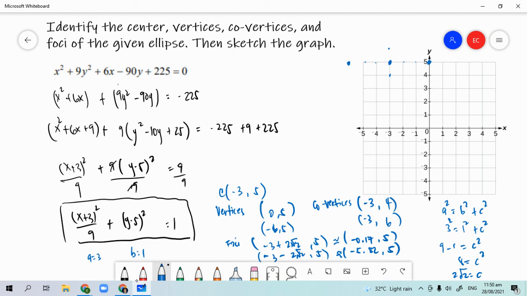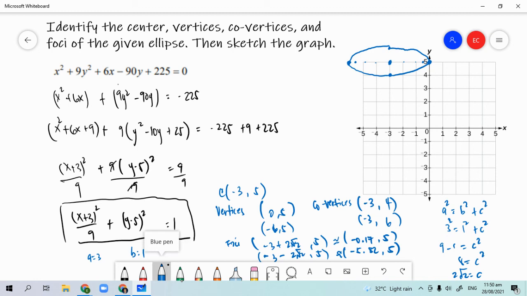So now sketching the graph, again, we have the center here, the vertices here, the co-vertices here, and the foci somewhere, negative 0.17 somewhere here, negative 5.82 somewhere here, and then we connect the co-vertices and vertices to have our ellipse.